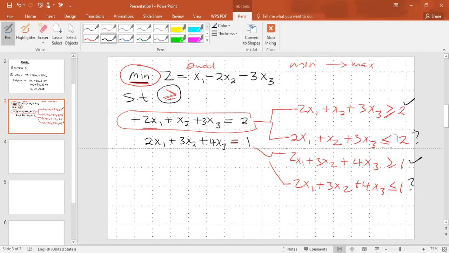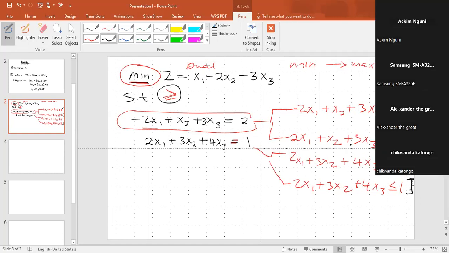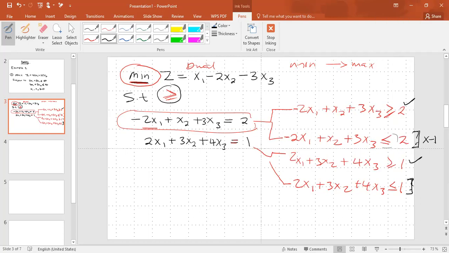For it to be converted to greater than, we multiply by negative 1, so that the sign changes. Remember, when you divide throughout by a negative, the sign changes. It's the same concept with inequalities. It's more like we are dividing all the entries by negative 1 so that it changes to greater than, because for minimize all of them should be greater than.